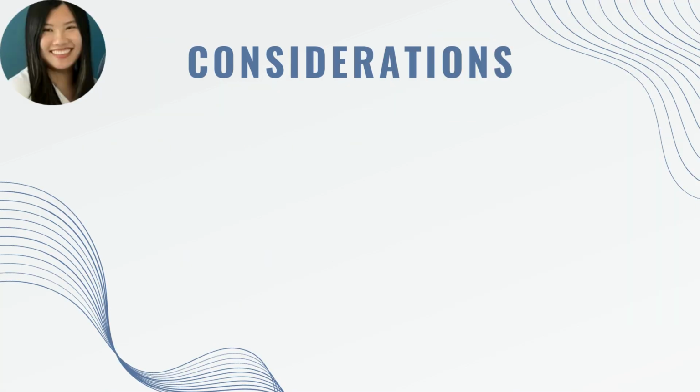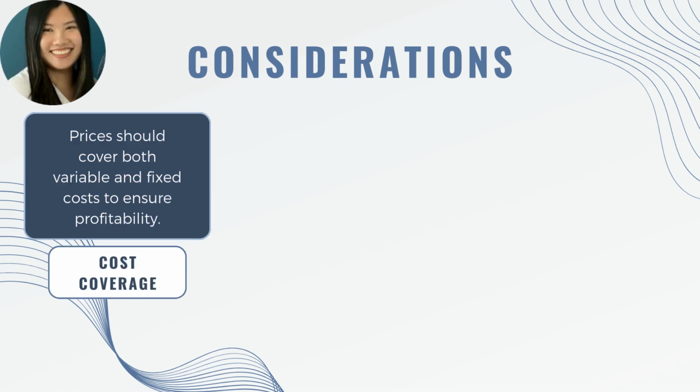There are key considerations when developing a pricing strategy. The first key consideration would be cost coverage, and that's prices should cover both variable and fixed costs to ensure profitability. To give more detail, this is a fundamental principle of pricing.